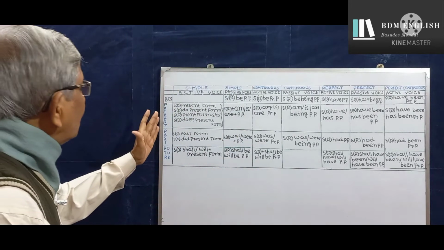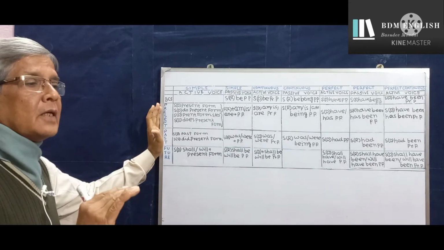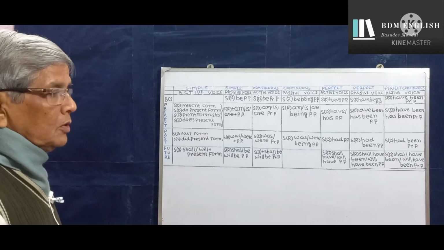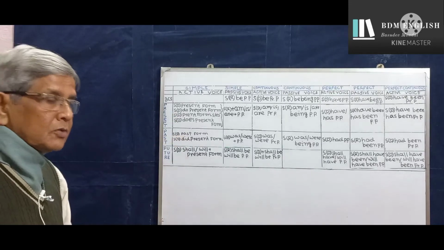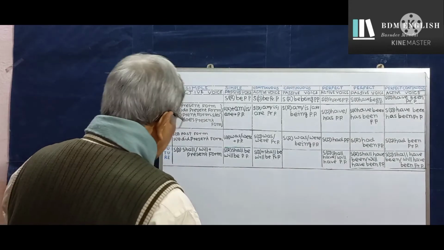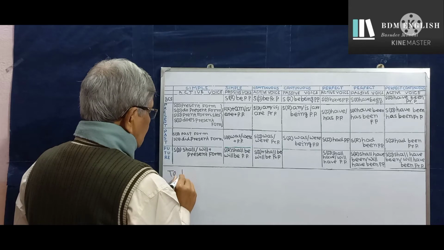But these alternative structures have another special use, a third use. The first two are to make negative statements and questions, and the third one is to lay emphasis on the verb.